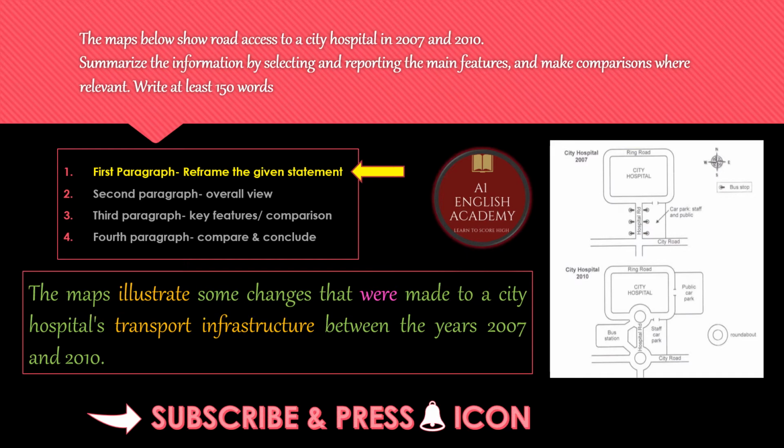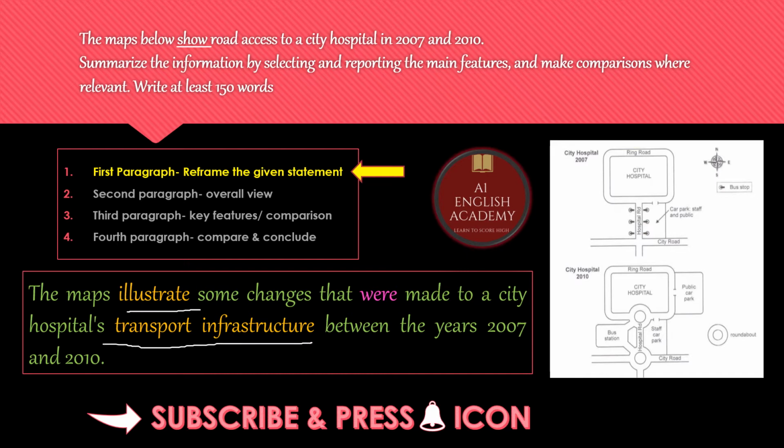The meaning of both the sentences is same, but there is a change in the writing style. The maps illustrate. Instead of the word show, I have used illustrate. The meaning is same of both the words, so I have used another synonym for that. Some changes that were made to a city hospital's transport infrastructure.